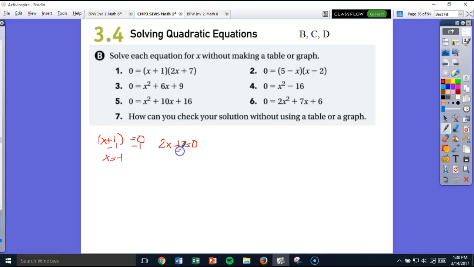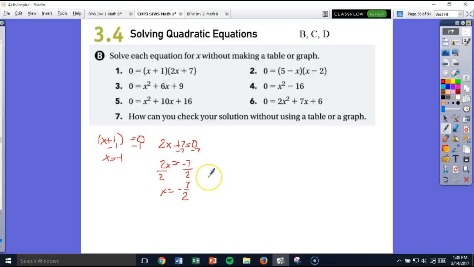And we're going to go ahead and subtract 7 for both of these, and we get 2x equals -7. If we divide both sides by 2, we get x equals -7/2. Okay, x equals -7/2.